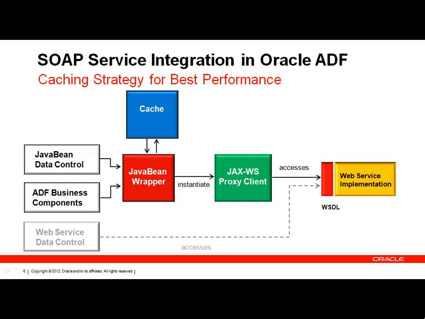The idea is that after the initial query of data, you save the data in the cache, and the next time that a query comes from a page through the Java Bean data control or ADF Business Components, you will directly look into the cache to see if the data is available. And if the data is available, you read it from cache and not query it from the web service.